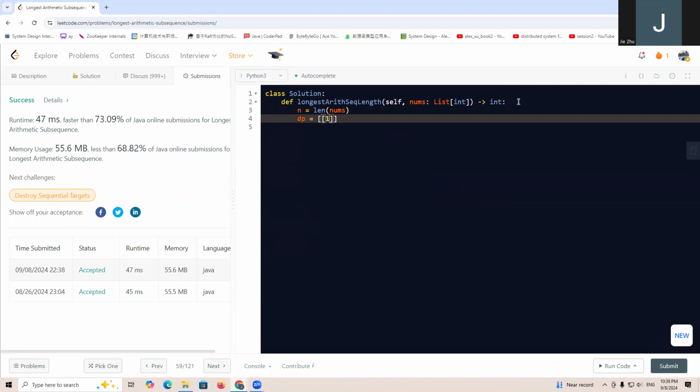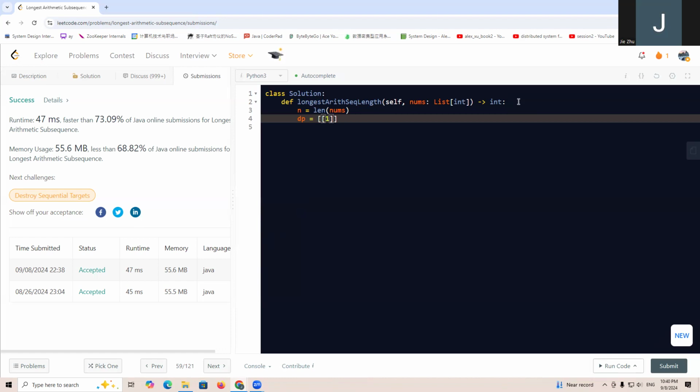Because every number's subsequence will be at least 1, this is a 2-dimensional dp: at index i, for the diff d, what's the maximal subsequence length up to i.